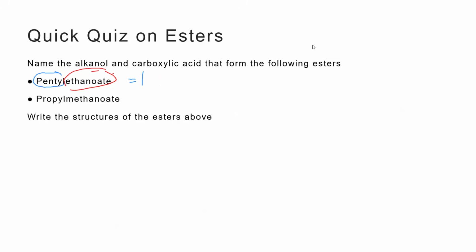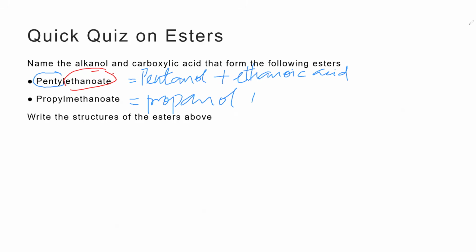So pentanol plus ethanoic acid. Please write that down. Then for propyl methanoate, that one is propanol plus methanoic acid.